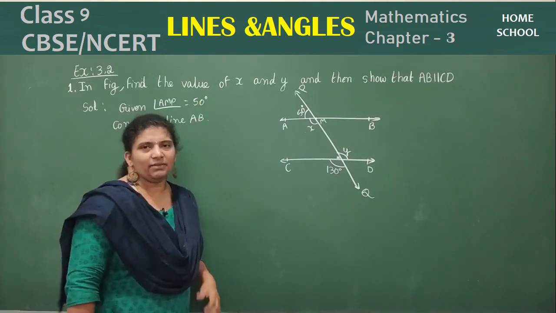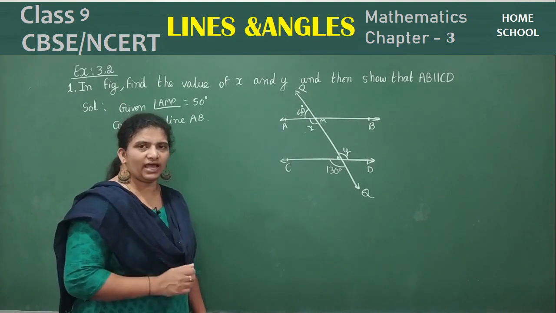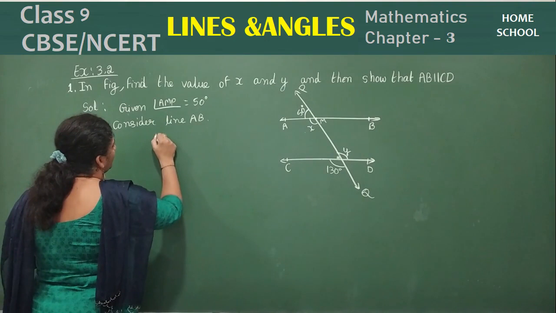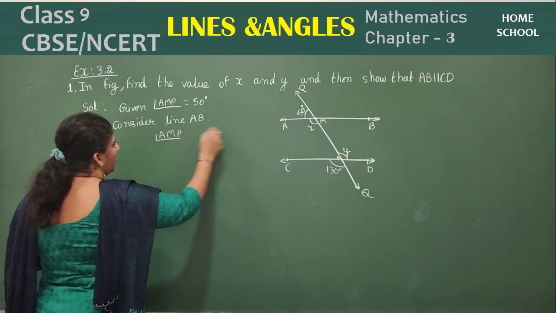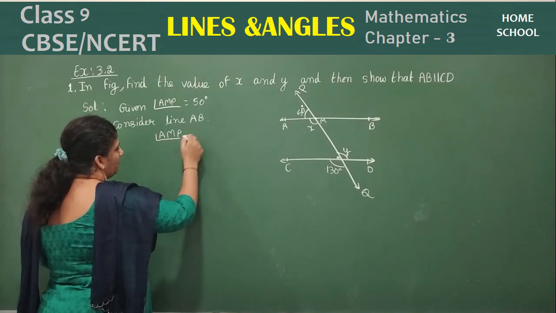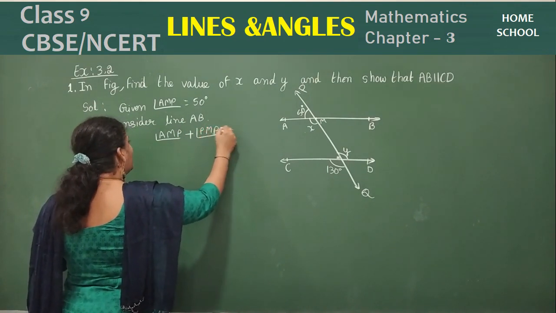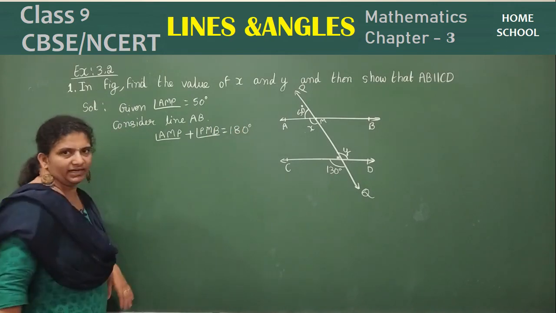Consider line AB, children. The line itself is a straight angle, right? So consider the sum of the angles here. Angle AMP, a ray emerging from M. So angle AMP plus angle PMB is equal to how much? A linear pair sum will be 180 degrees.